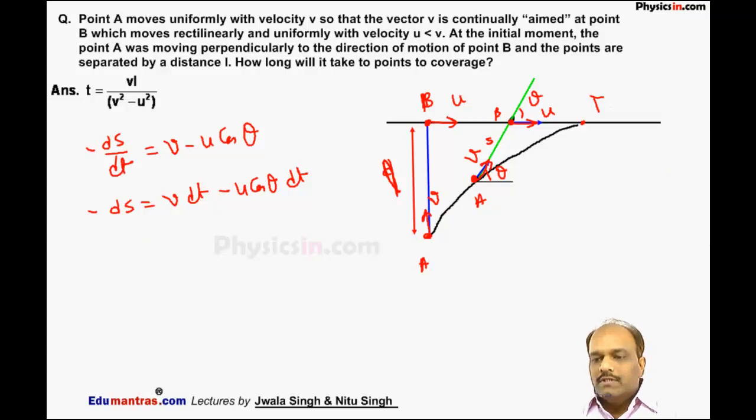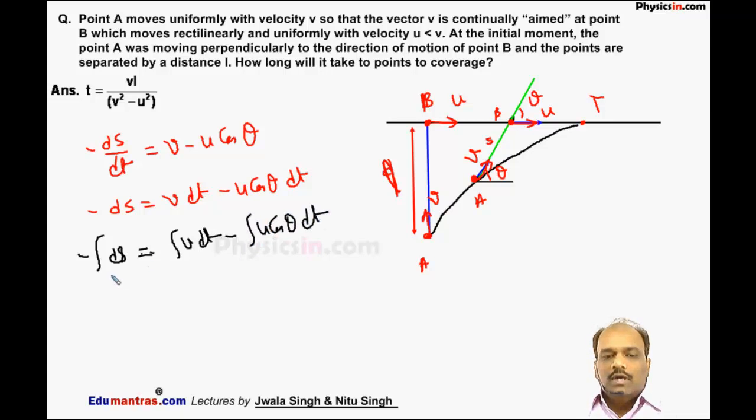Now on integration, integration of ds is equal to integration of v dt minus integration of u cos theta into dt. At t equal to 0 the separation is L, and finally when they meet, the separation becomes 0.